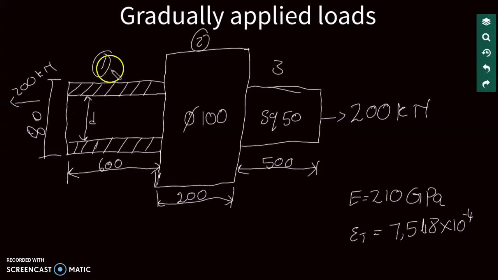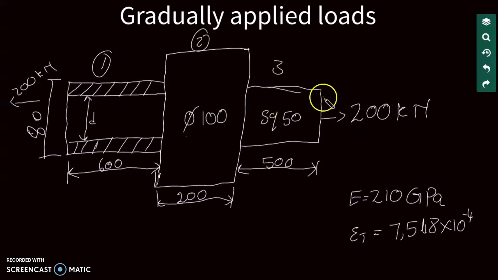Therefore, the first part of this member, which we are going to say is number 1, is a hollow pipe with an outside diameter of 80 millimeters, and the inside diameter is unknown. We're having the length, and number 2, we're having the diameter, we're having the length.